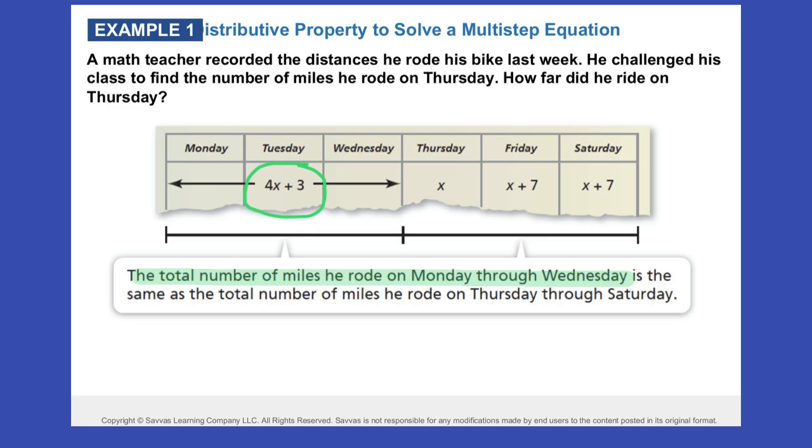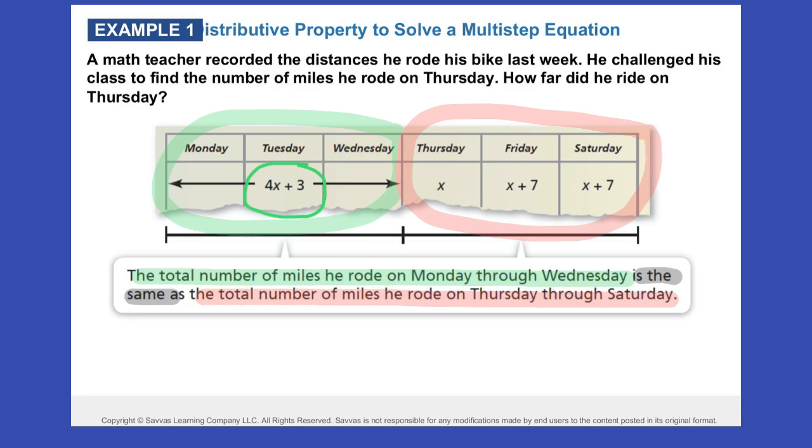And we know that that is the same as the total number of miles he rode on Thursday through Saturday. So that means that this amount is the same as this amount.